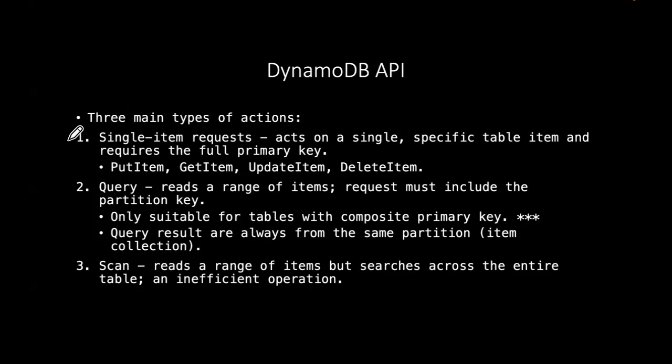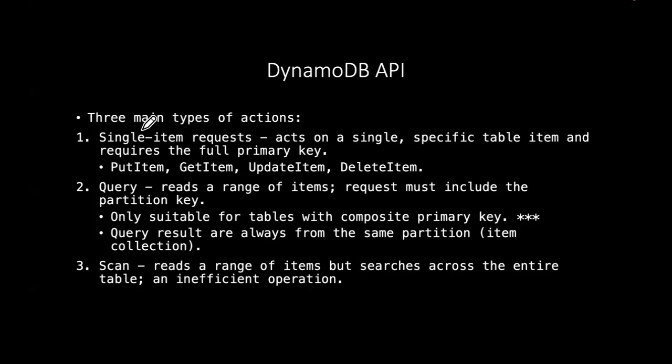From DynamoDB's perspective, there are essentially only three types of operations that a client may want to perform against DynamoDB. And the client in our case is a Lambda function. There are what are called single item operations or single item actions. That would be when you want to read a single item, write a single item, update a single item, or delete a single item.